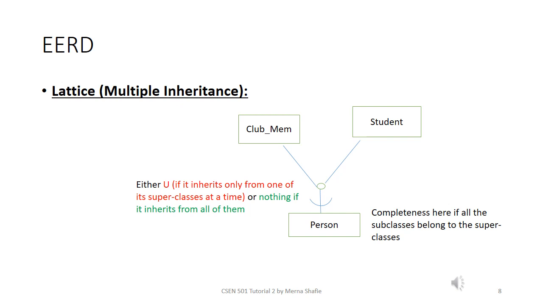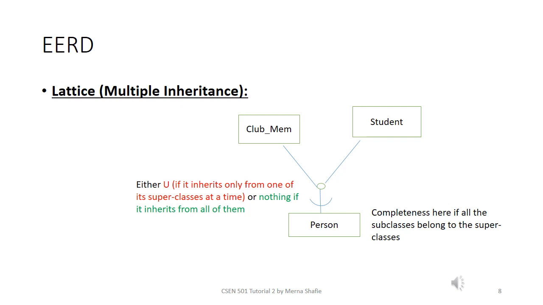Meaning if club members and students are only persons, there is not any other type, which makes sense in this example, then we will put two lines from the person to the small circle between the superclasses and the subclasses.